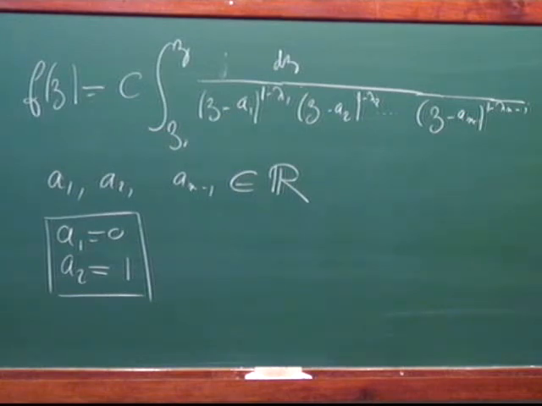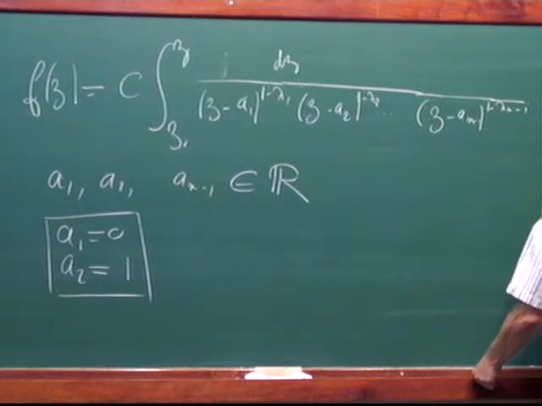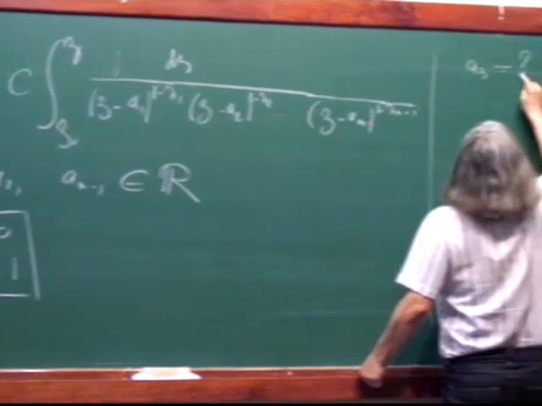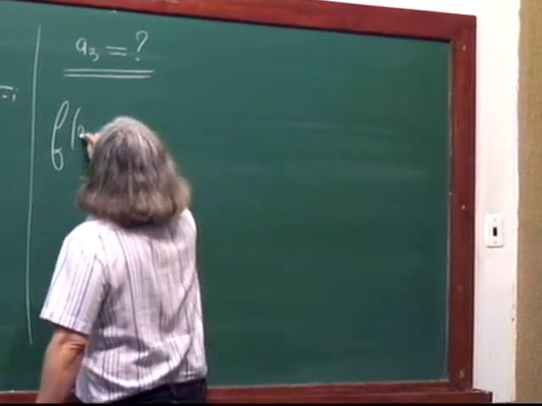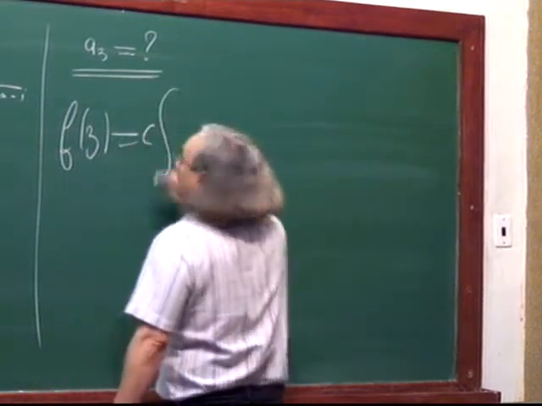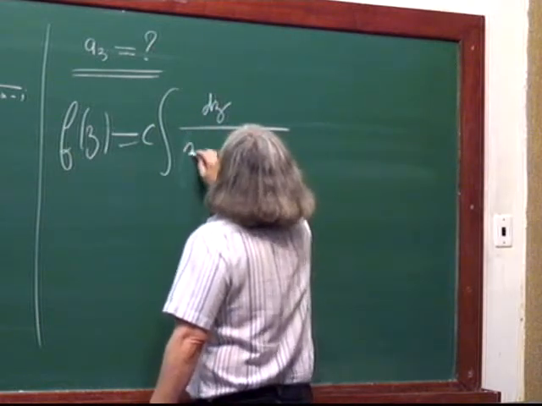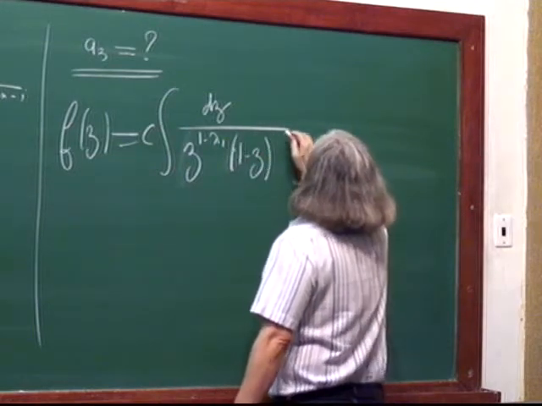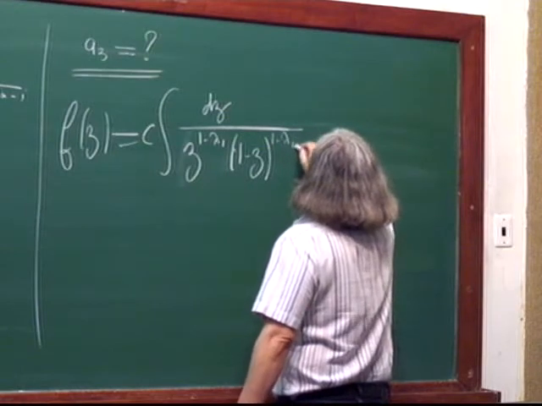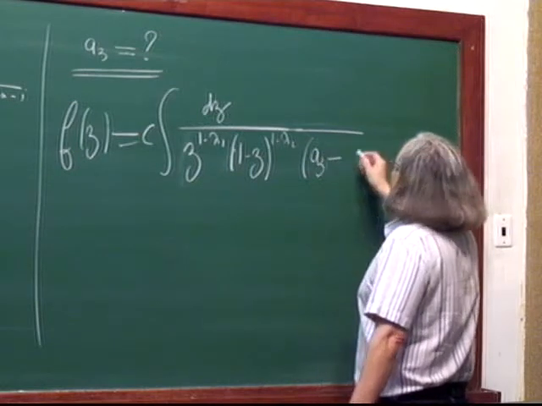Now, what do you do if you have a quadrilateral? Well, for a quadrilateral, you have a further unknown. You are looking for A3. So you look for f of z equal to the integral of dz over z to the 1 minus lambda 1, 1 minus z to the 1 minus lambda 2, and then you have an unknown, which is A3, some real number.